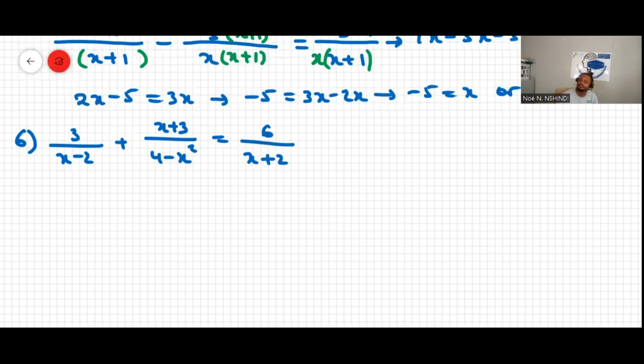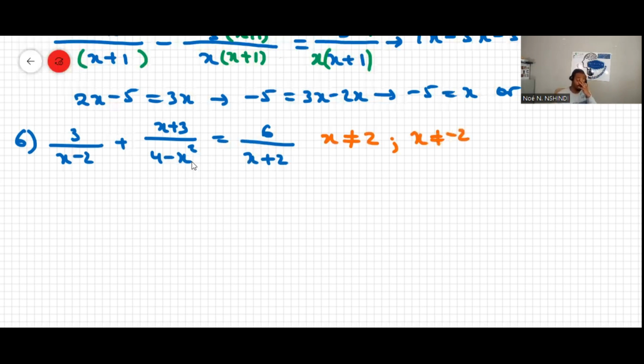Now, what is the restriction here? Let's start with the restriction. It means that x cannot be equal to 2, because if x is 2, it's going to be 0. Then x also cannot be equal to -2, because if x is -2 here, it's going to be 0.